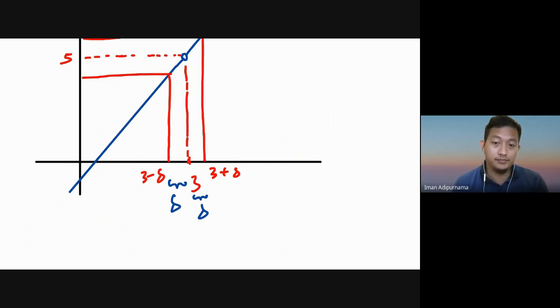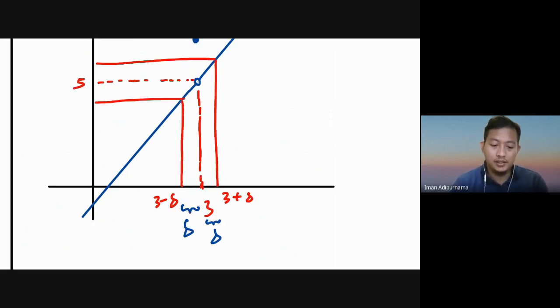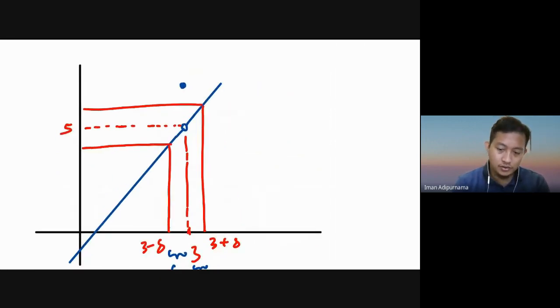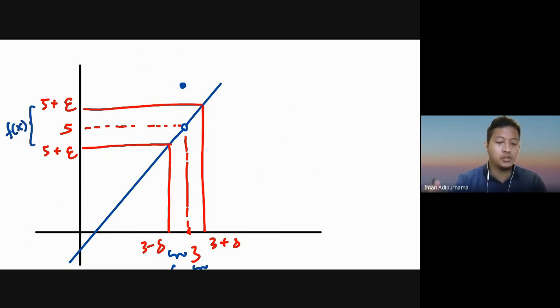And here, usually we call this an epsilon. So this will be the function that we are going to observe, the function nearby the number 5.